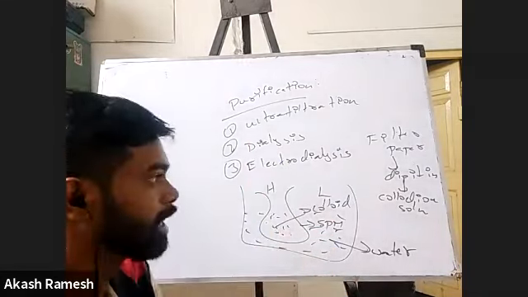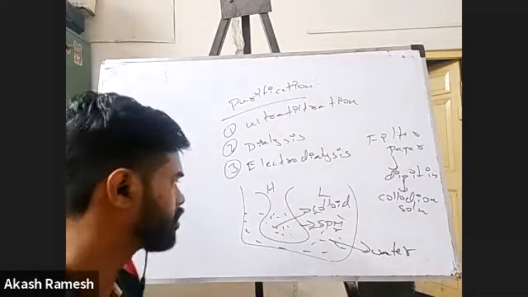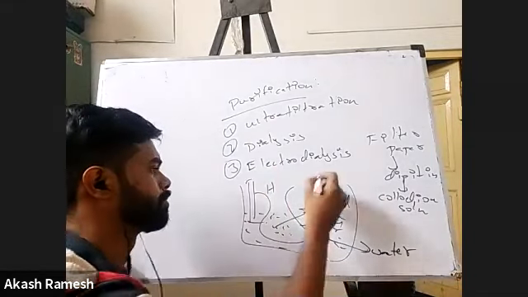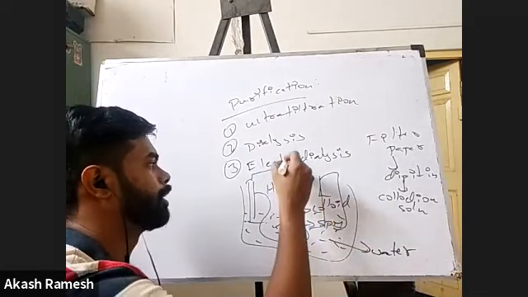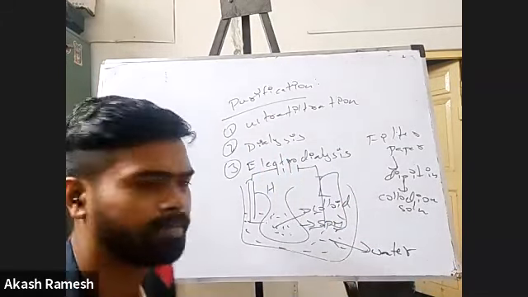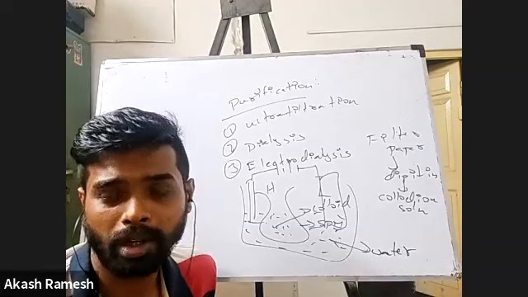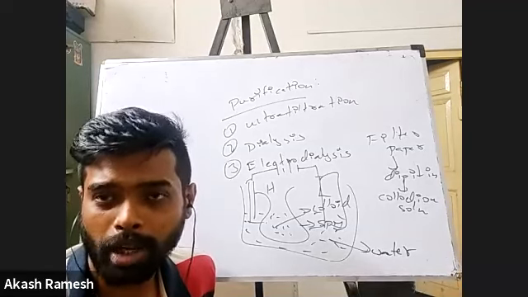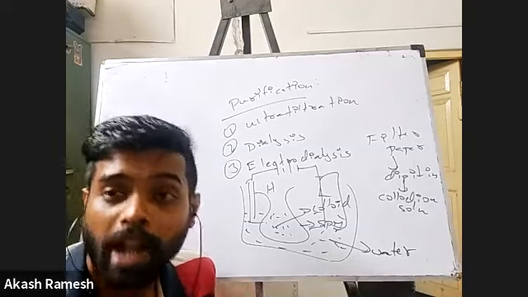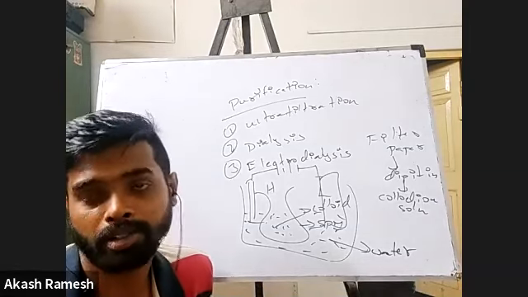So in electrodialysis, what we'll do is insert 2 electrodes and give a power supply, as simple as that. Now, why is this going to help? Because all these ions are charged particles, positive ions and negative ions.